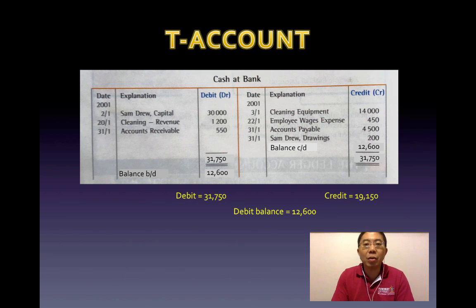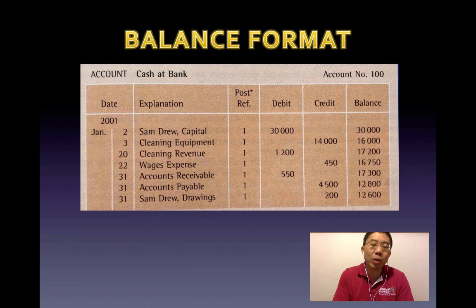One easier way is to do what is called a balance format or a 3-column account format, which is shown here. As far as the transactions are concerned, they are the same transactions. But what we do is, if you look at it line by line, we actually calculate the balance immediately. So after the transaction on the 2nd of January, where Sam contributed capital of 30,000, which increases the cash, and therefore you debit the cash, you would have a debit balance of 30,000.